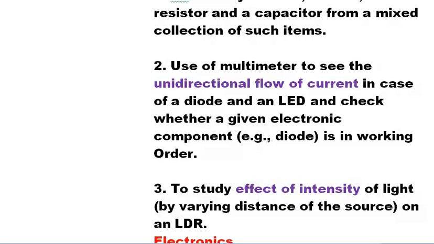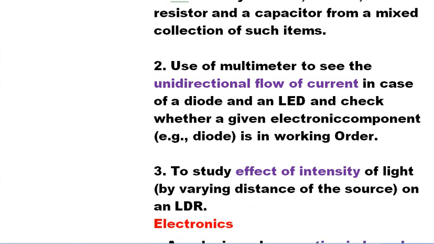Then next, we will learn how to use a multimeter to see the unidirectional flow of current in the case of a diode and LED, and how to check electronic components, such as whether a diode is in working order or not.